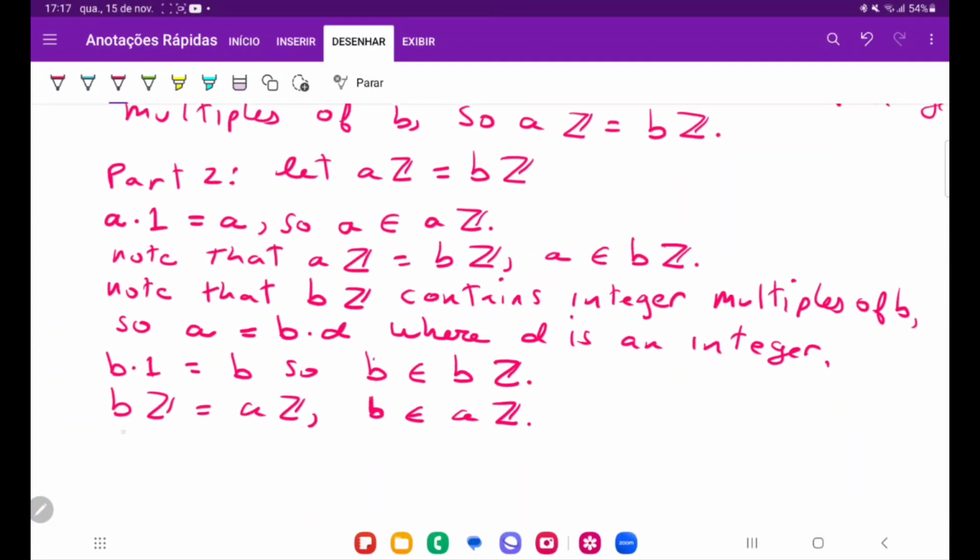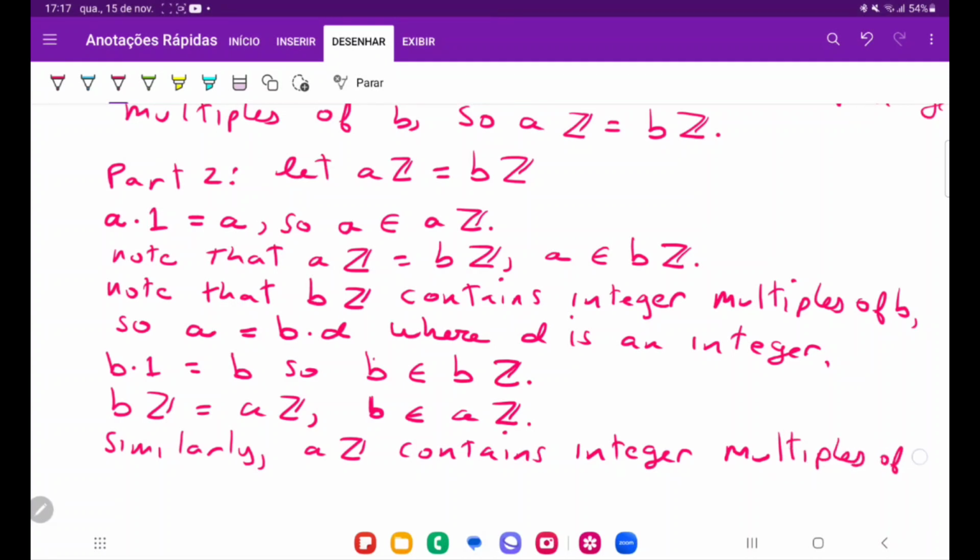And similarly, AZ contains integer multiples of A. So if B is in AZ, B must be an integer multiple of A, so B is going to be equal to AC for some integer C.